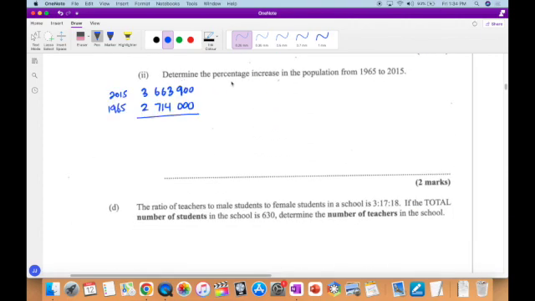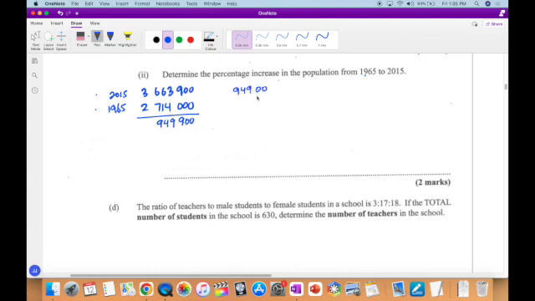Okay, so determine the percentage increase in the population from 1965 to 2015. So they are the 2015 and the 1965. And when we find the difference, 3,663,900 minus 2,714,000 is 949,900.